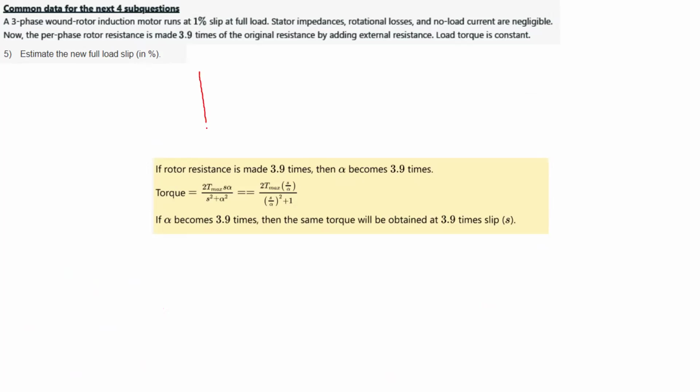They are saying that first of all, you have a torque slip characteristic like this. So this is torque, this is slip, and this is the full load slip. Let us say it is a maximum torque, but let me just say this is the full load torque, somewhere near the maximum torque.